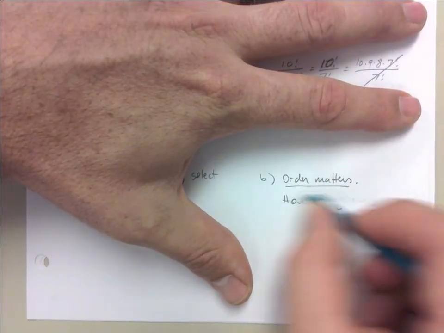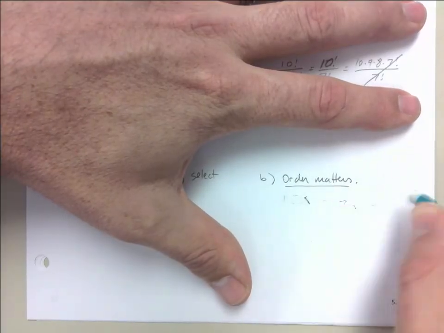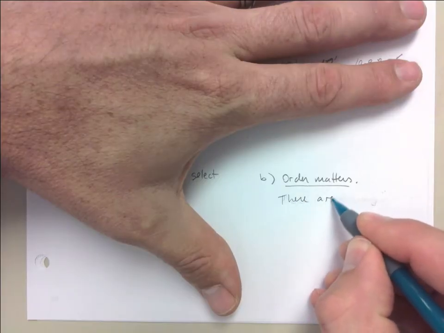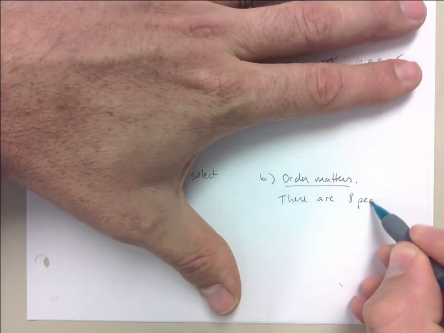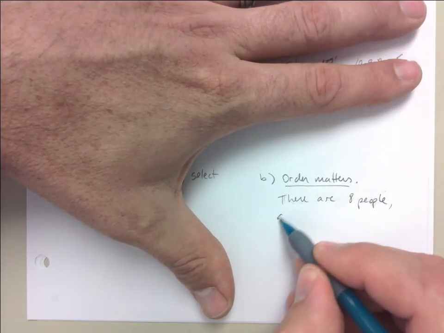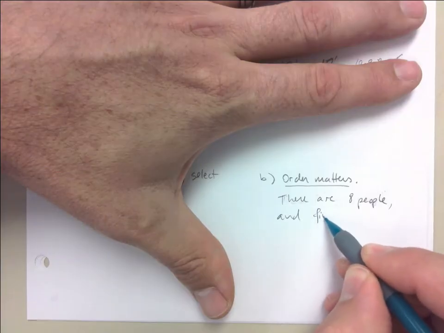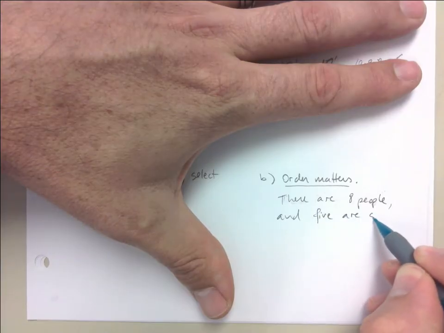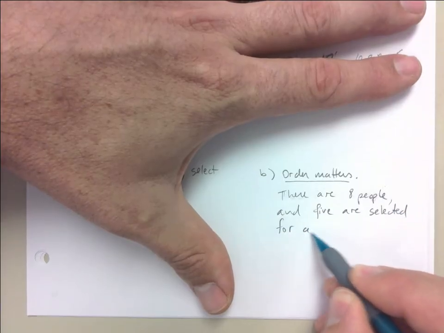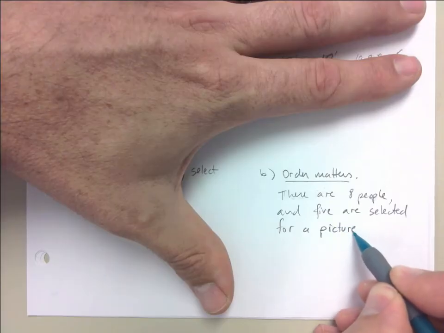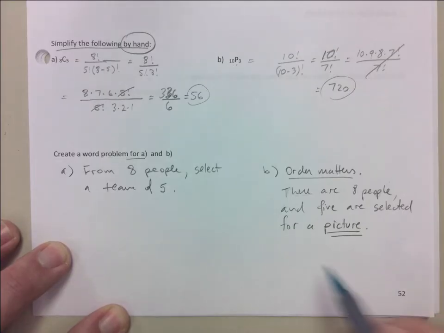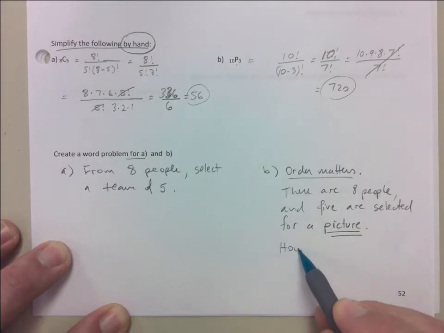I'll undo this. There are 8 people and 5 are selected for a picture. Picture is the key here. How many arrangements can be made?